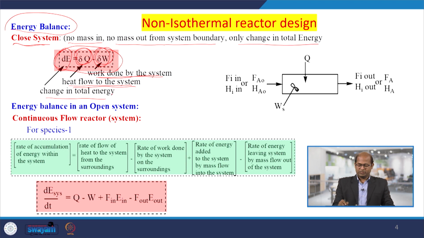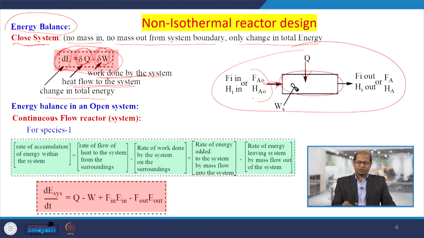Okay. So, this system is given here. Let us say this is the system, here Q amount of energy is supplied, and this is the flow rate, that is, component A, let us say, at a molar flow rate F_A0 that is entering.